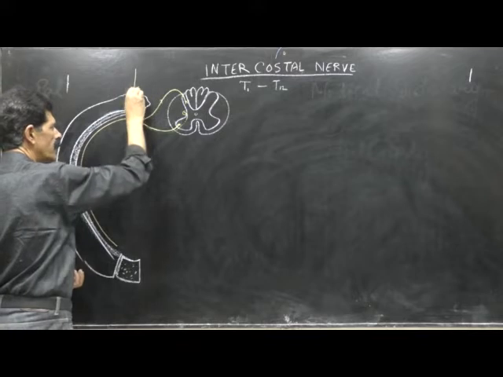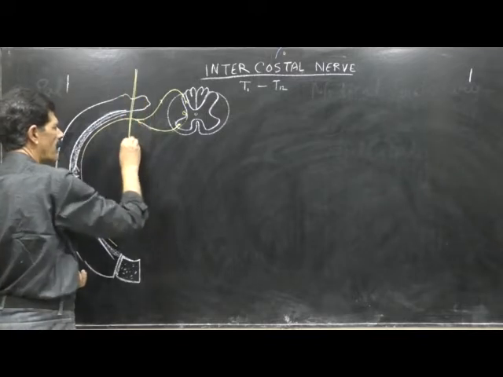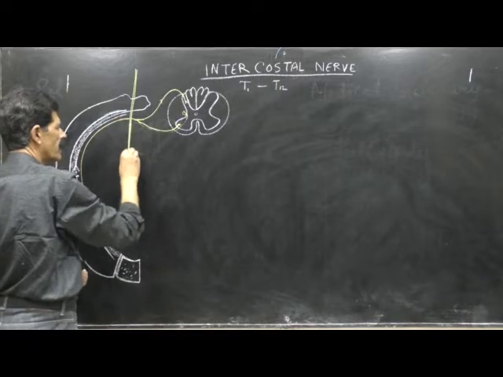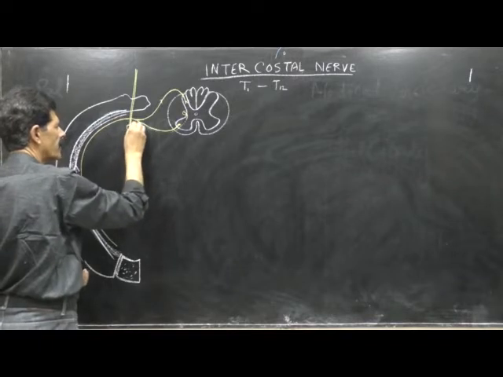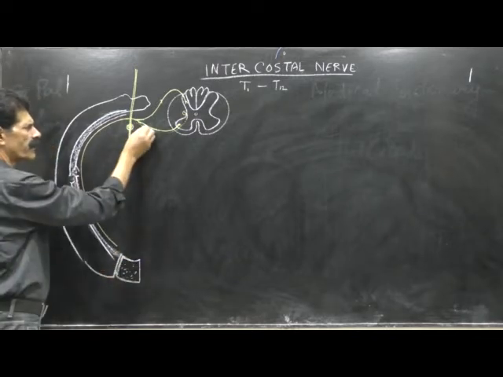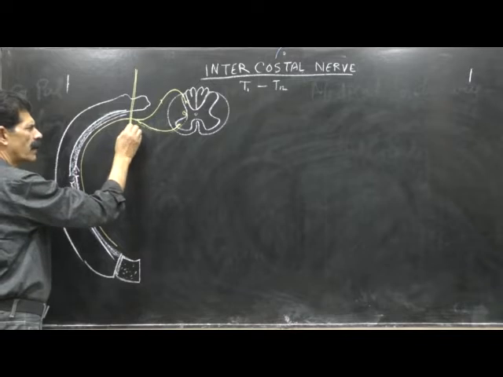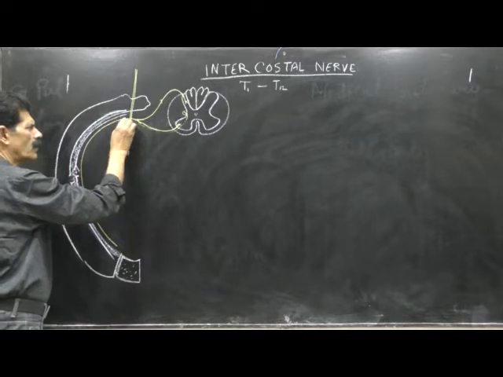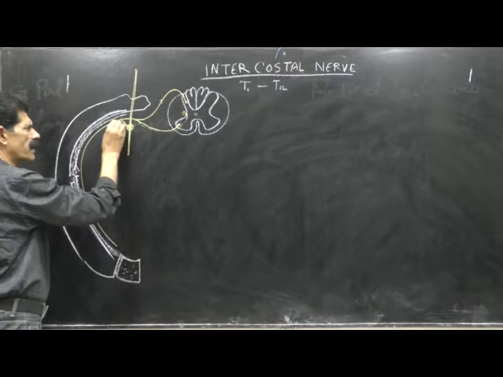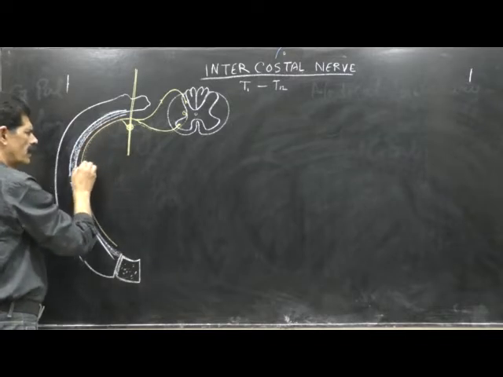And there lies the sympathetic chain, thoracic part. Every sympathetic chain is attached with a sympathetic ganglion. So these preganglionic sympathetic fibers relay in the ganglion. And from here, the postganglionic sympathetic fibers accompany the intercostal nerve.